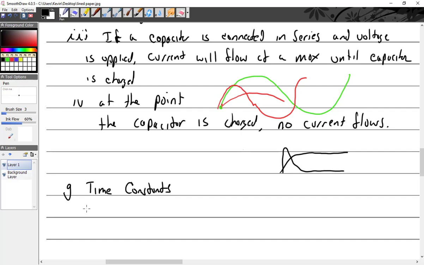Time constants. You have to know, just like an inductor, it takes time to charge and discharge.